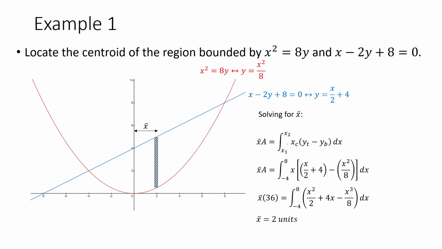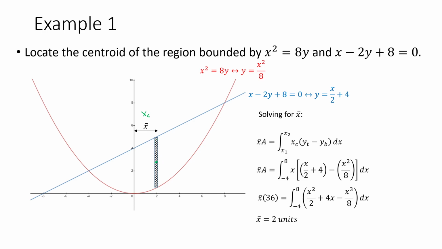So this one is the answer, 2 units. Notice that instead of this being bar x, this is bar x sub c, going towards the centroid of the vertical strip.